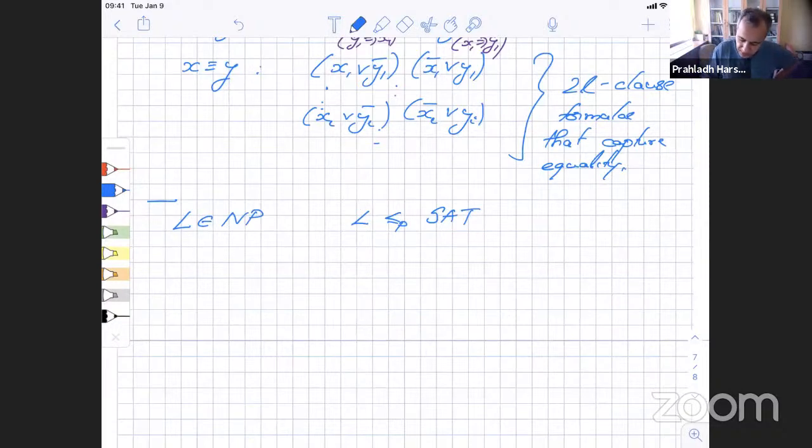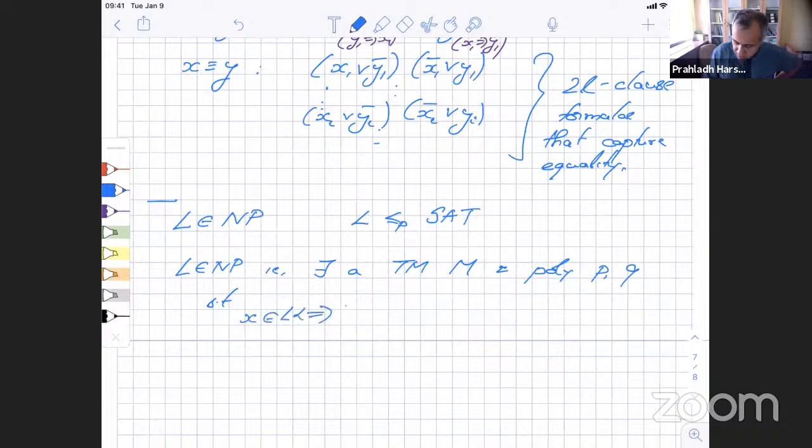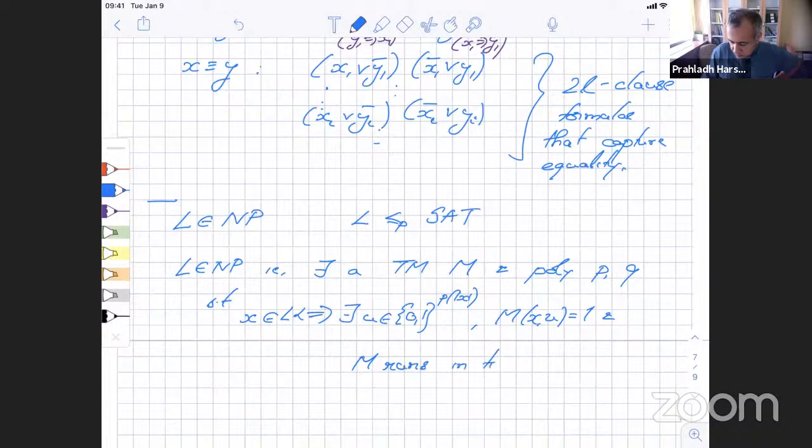To do this, firstly I need to recall what it means for L to be in NP. L is in NP means that there exists a Turing machine M and polynomials p, q such that x is in L if and only if there exists a u in {0,1}^p(|x|) such that M(x,u) equals 1, and M runs in time q(|x|) on input x.